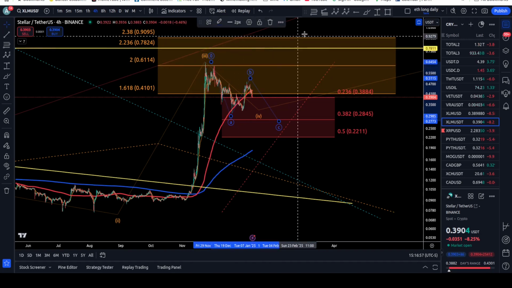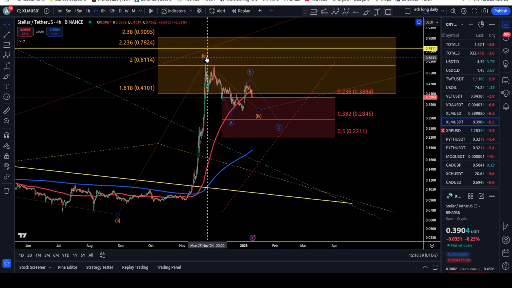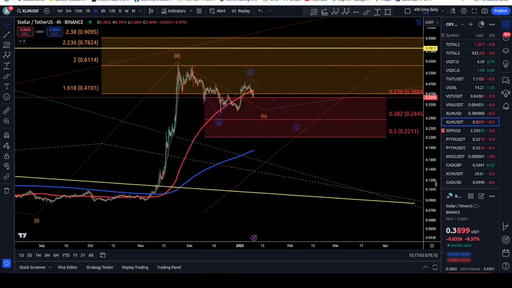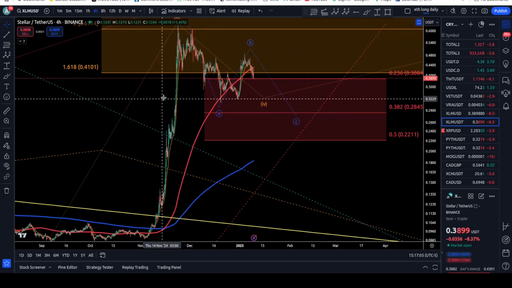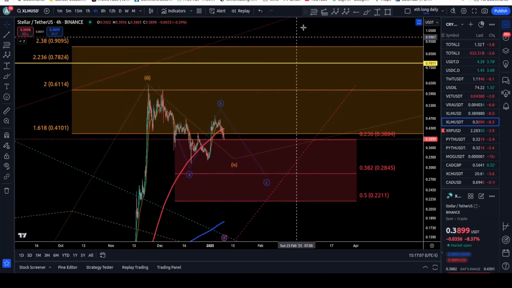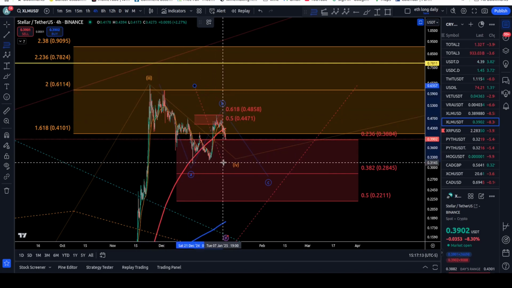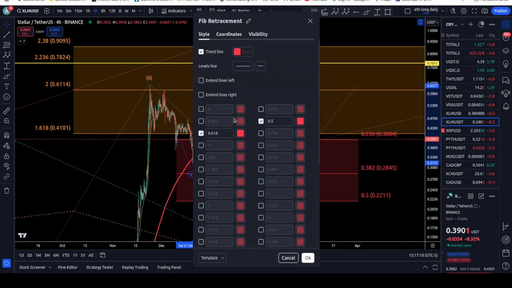All right, so I'm going to calculate this potential A wave. Let's see where it landed for the height of this B wave. So I'm just going to take this allegedly wave A from the beginning to the end. And boom, that's pretty good. I'm going to extend.